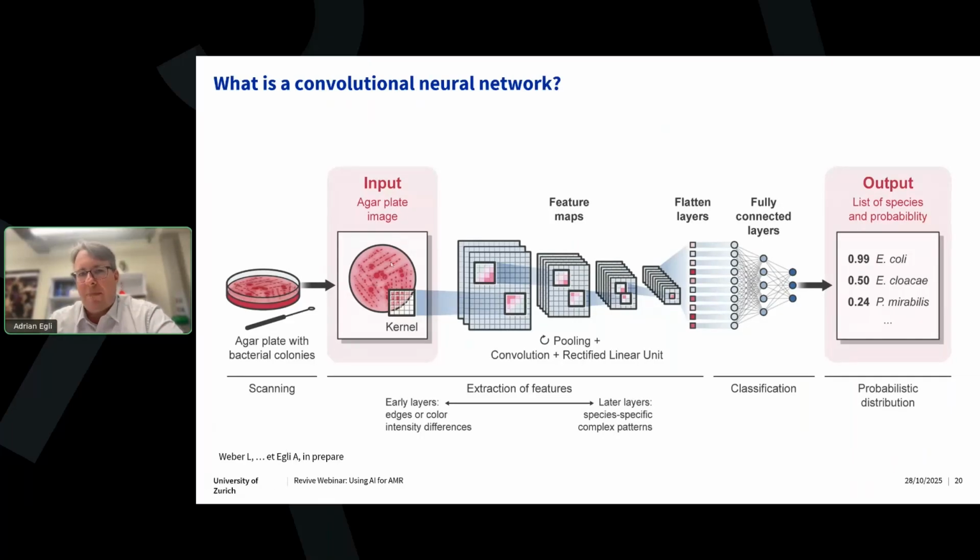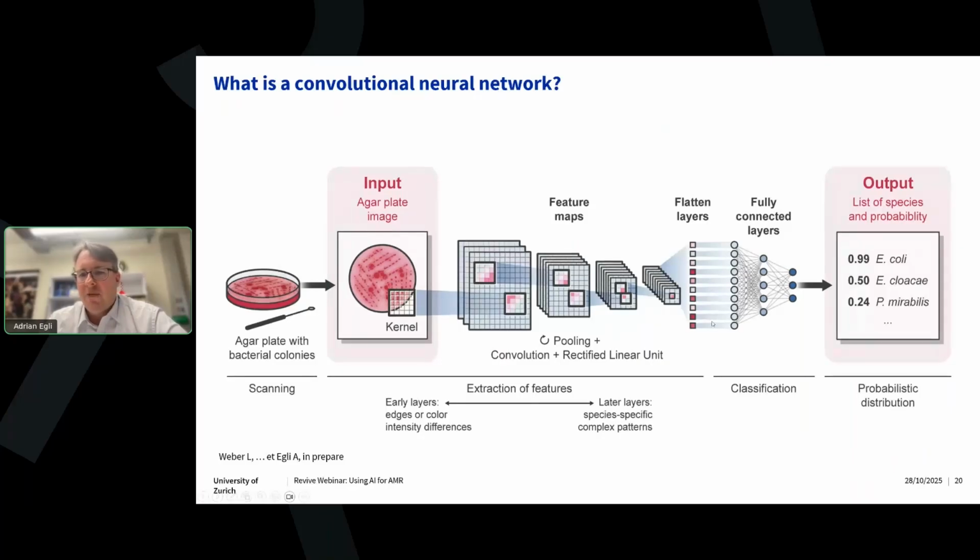So you could, for example, say, are there bacterial colonies on the agar plate, yes or no? What does the colony look like, what color does it have, what shape, etc. All these features are extracted and then enter a neural network. And if you have the ground truth, if this is known, so for example, in this case, it would be pink colonies on a MacConkey plate, you could say, okay, this is an E. coli.